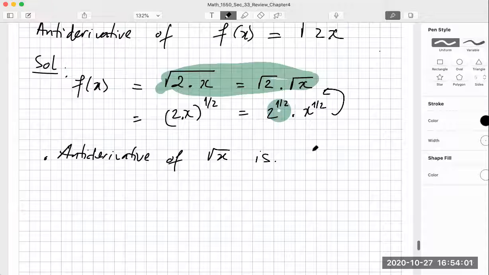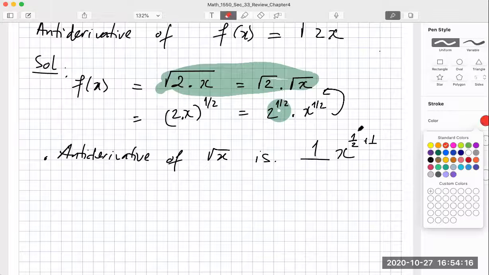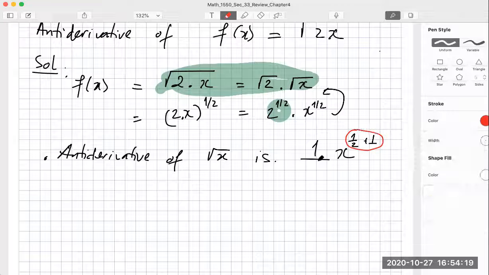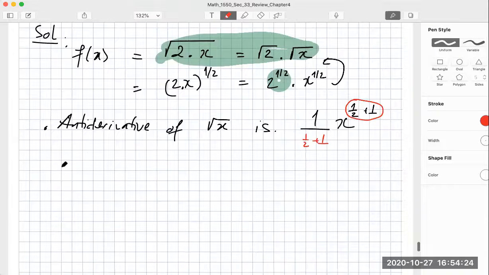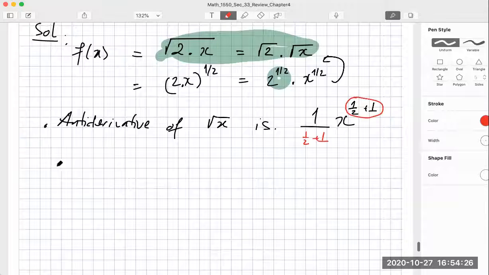And for the antiderivative of square root of x, we see that it is x to the 1/2. Therefore, the antiderivative will be x to the 1/2 plus 1, right? And then multiplied by 1 divided by the power here, which is 1/2 plus 1, which is equivalent to 1 divided by 3 over 2, x to the 3 over 2 here.